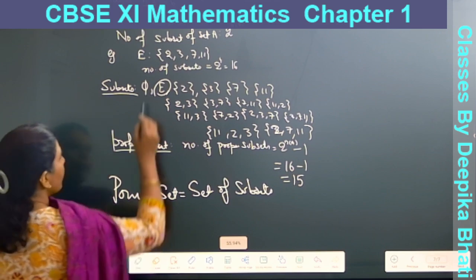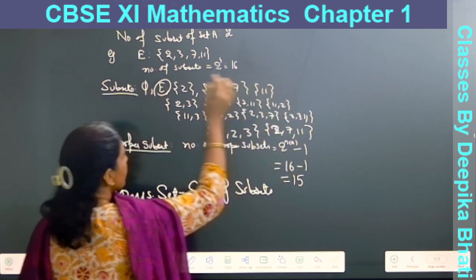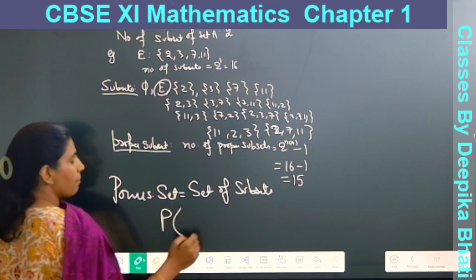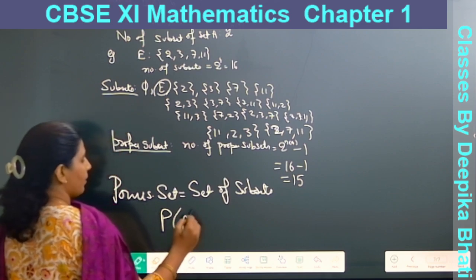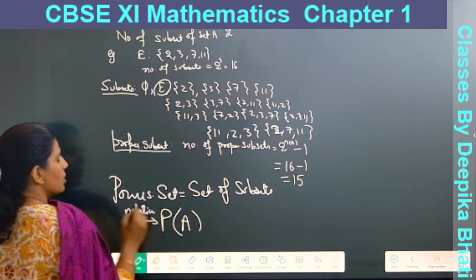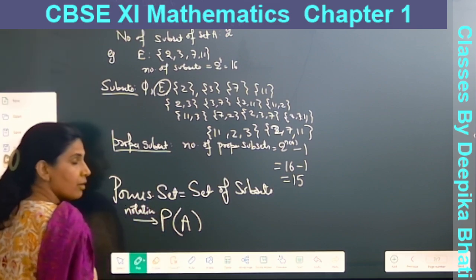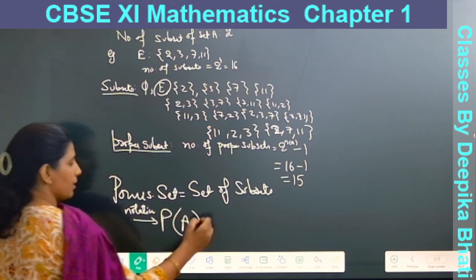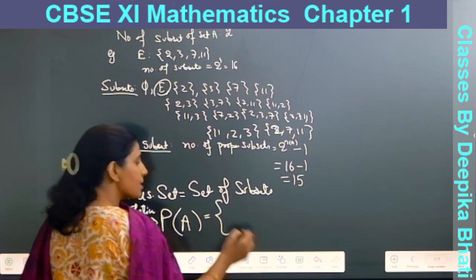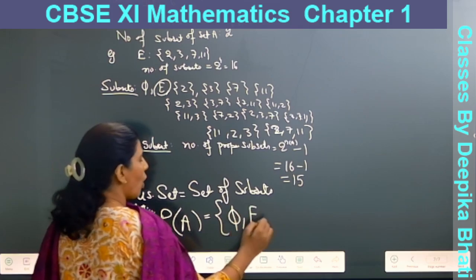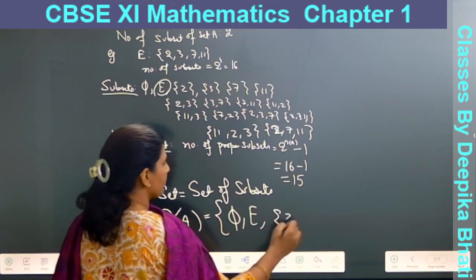If I keep all these 16 subsets in a set, the notation for the power set is P(A). So if I ask you to find P(A), I am asking for the power set: a set consisting of all the subsets, not proper subsets, all the subsets.